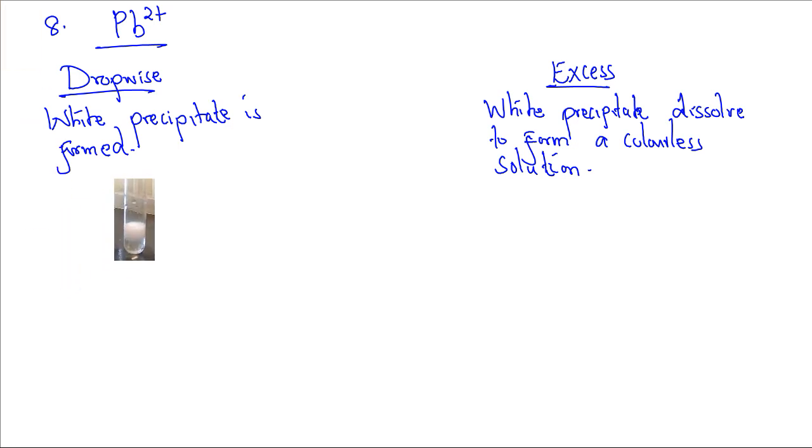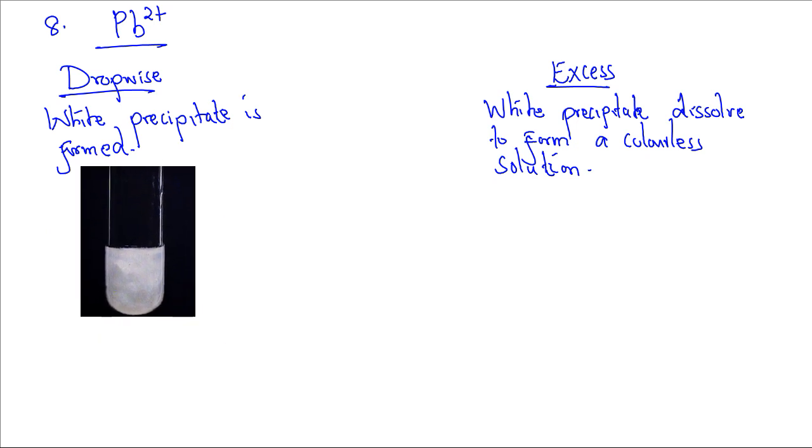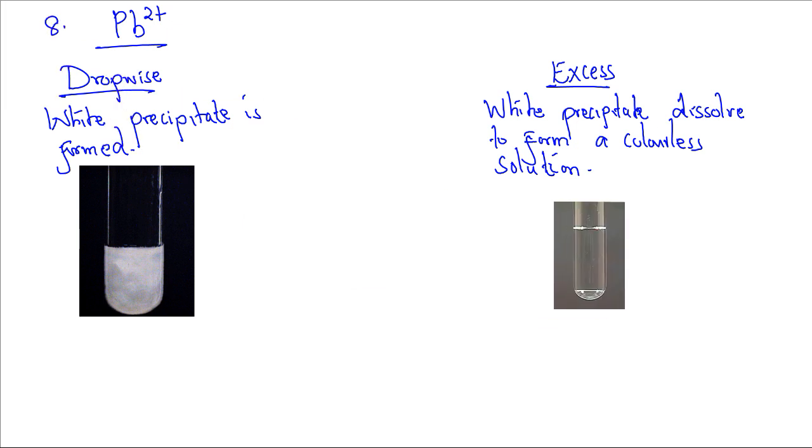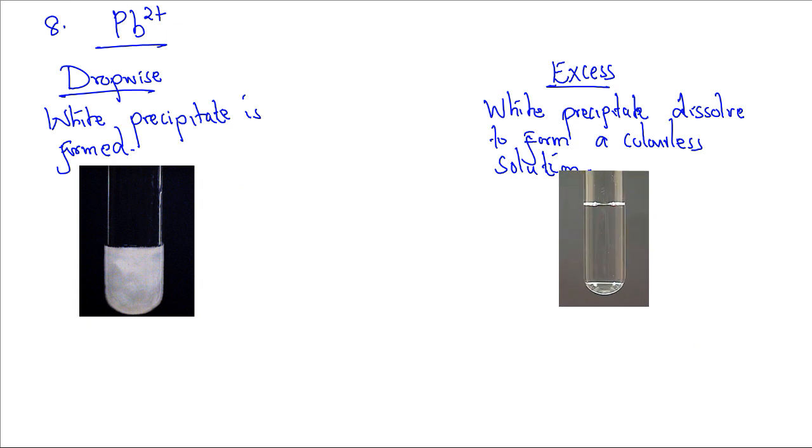So that is the white precipitate, and this is our white precipitate of lead II hydroxide. Then in excess, it will form a complex, and that is why we are getting a colorless solution. So this is the complex ion formed.